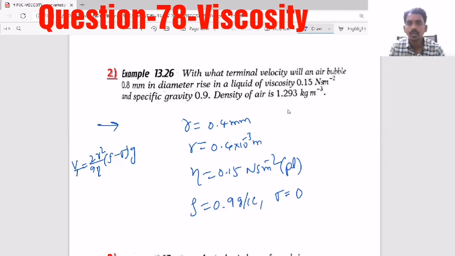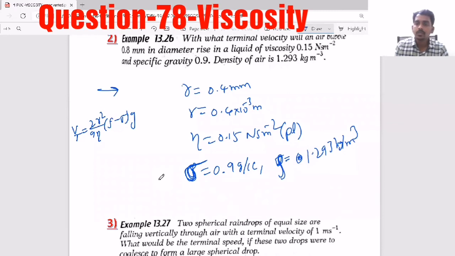See, this is sigma, and sigma is the medium density. Now the medium is liquid, but the drop is not a solid one. Here it is air. So what is the density of air? 1.293 kg per meter cube.